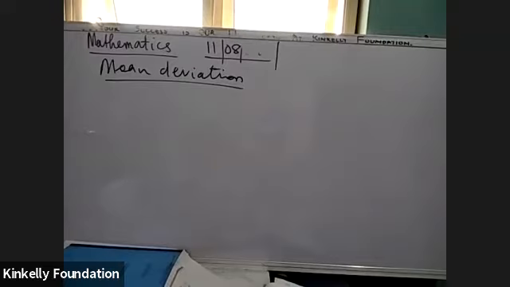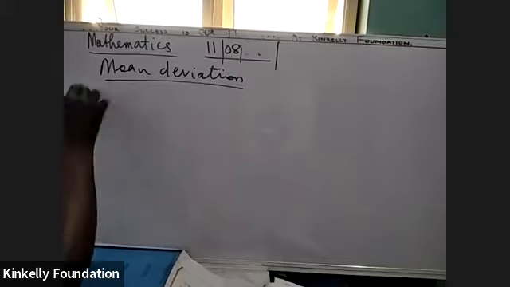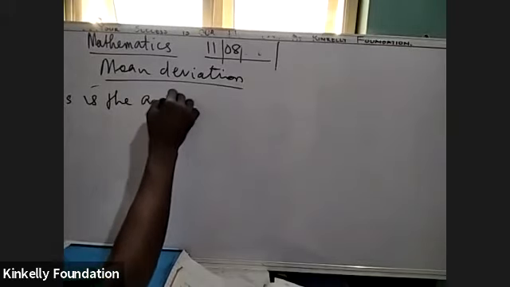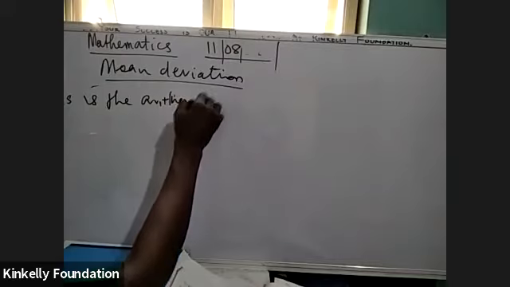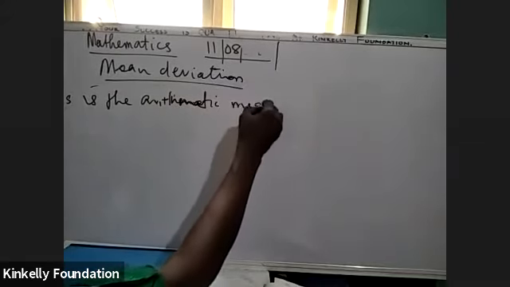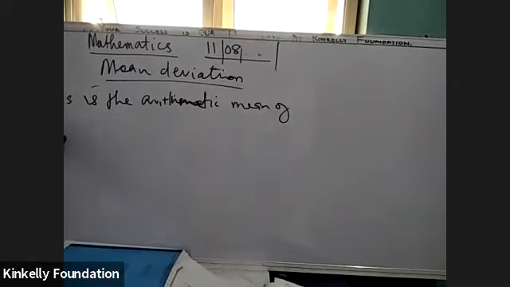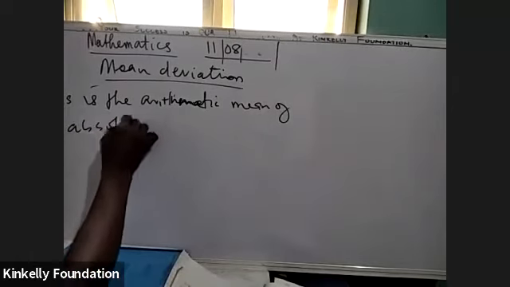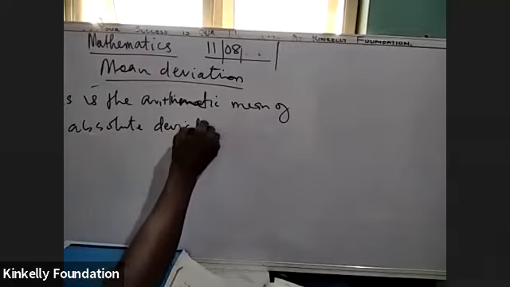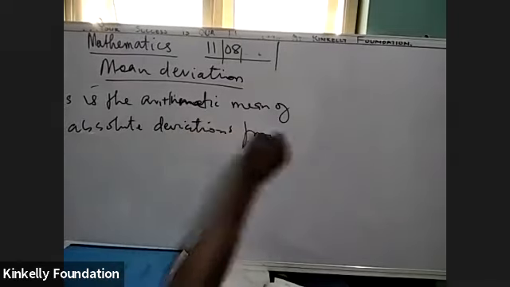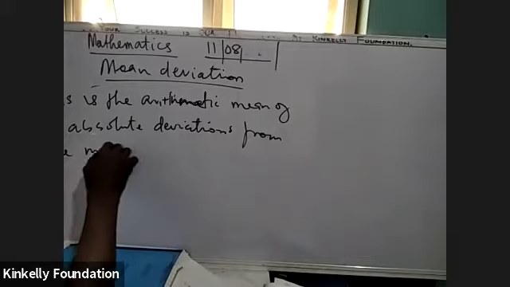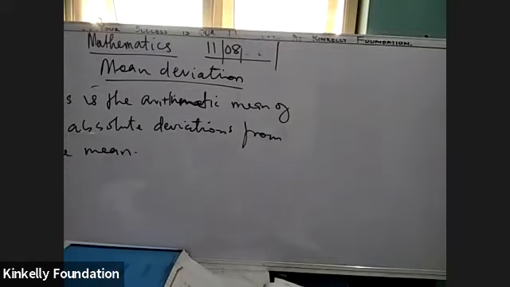When we talk about mean deviation, we mean the arithmetic mean of all absolute deviations from the mean. What does it mean? In this case, you first of all calculate the mean.